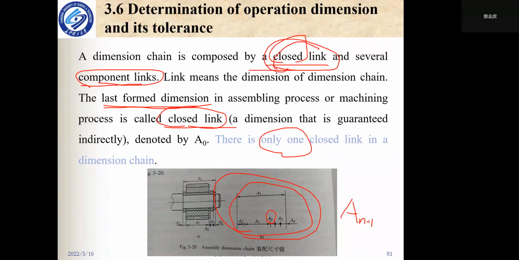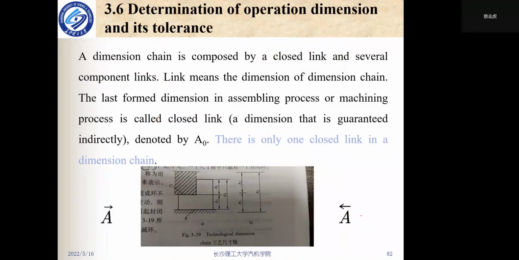In addition, component links can be further divided into increasing links, denoted by this symbol, an arrow to the right side, and decreasing links, denoted by a symbol with an arrow to the left direction.